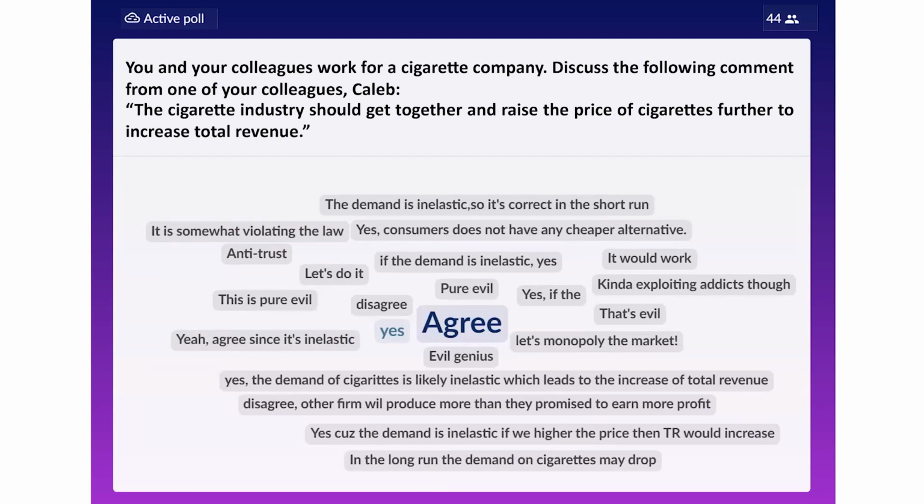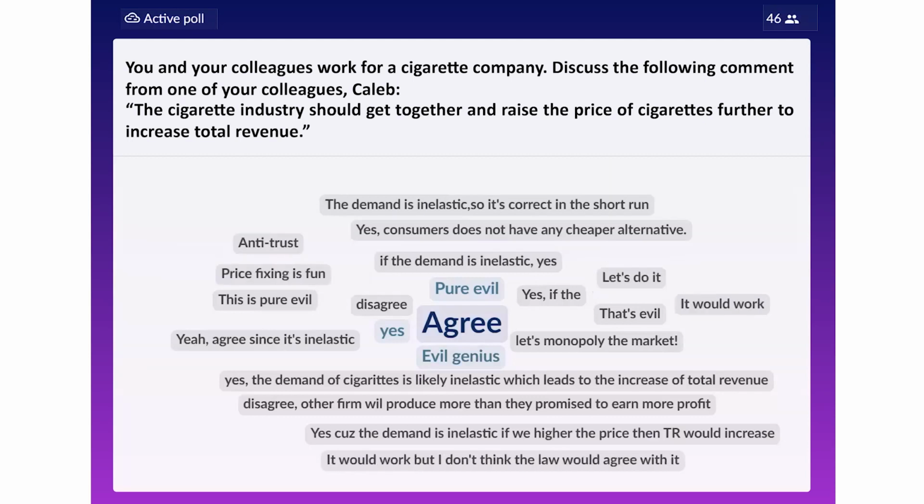You're just not allowed to talk about price fixing. Another issue here is that if there's explicit collusion, the antitrust authorities may step in to try to do something. But of course, you can say, maybe we can implicitly increase the prices.